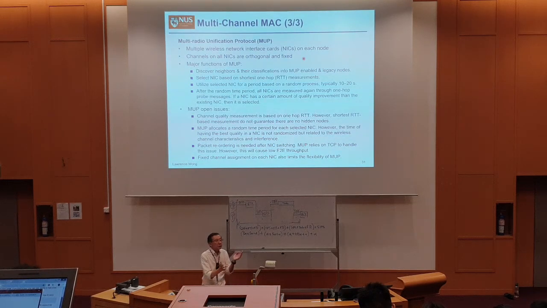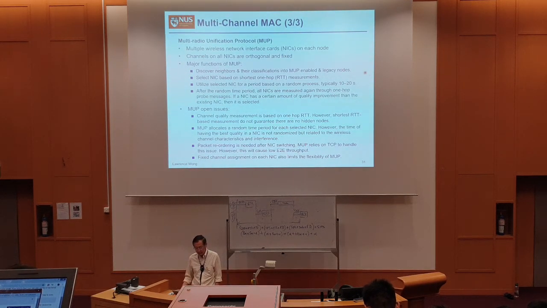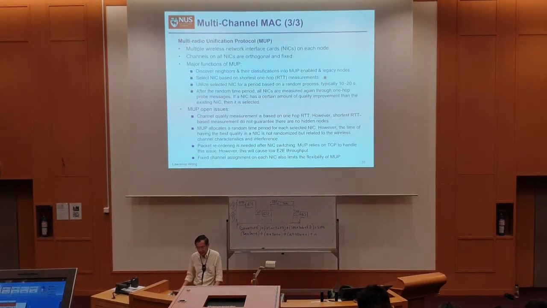That means they don't interfere with one another, and they are fixed. The major function is to find out who are his neighbors and classify them into one of two types. Legacy, that means those that they already know of, and doing some activities that was in the past, and enable nodes. Then you select the NIC based on the shortest one hop measurement.